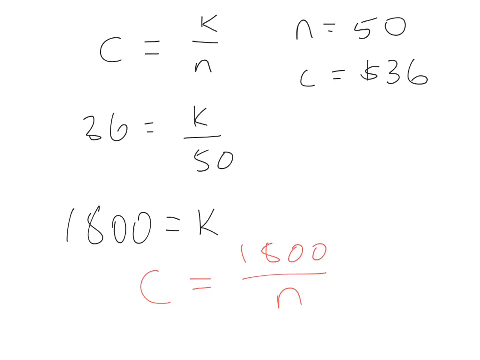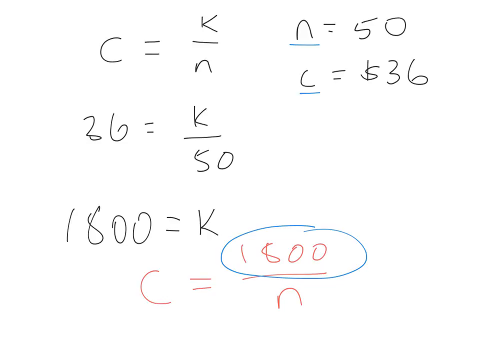Then we can use this information to work out how much it costs if there's 100 people, or how many people we've got to invite if we want to make it $10 a person. Now in this question, what does 1800 represent? N was the number of people, and C is the cost per person.